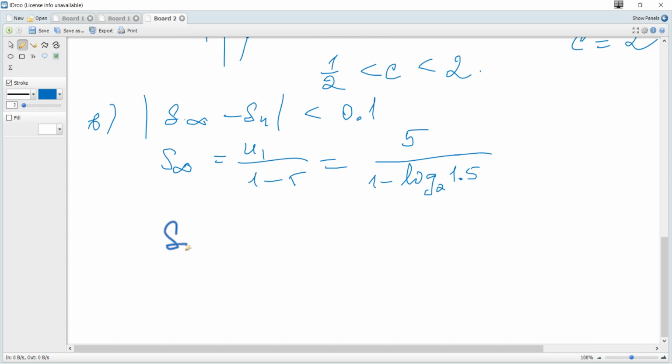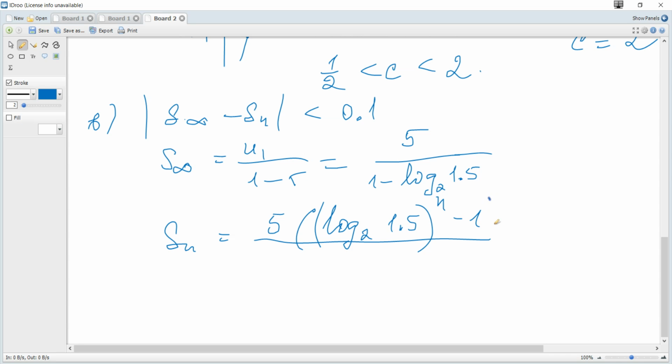And Sn is u1, which is 5, times the ratio to the power of n minus 1, divided by the ratio minus 1.